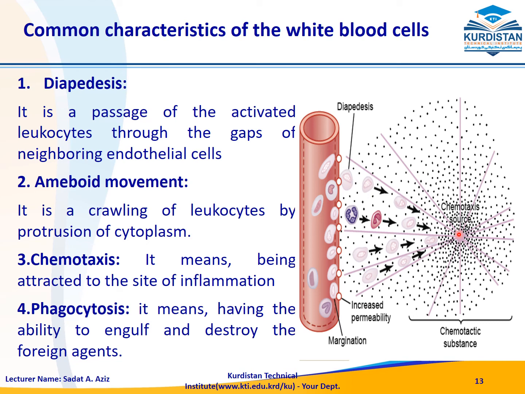The last property of the leukocytes is called phagocytosis. So some of the white blood cells can engulf and destroy foreign agents. Sometimes a dead cell or cell debris or a bacterium or a virus at the site of an injury or an infection can be engulfed by a macrophage or neutrophil, or let us say by some of the leukocytes, and these debris, bacteria, viruses or dead cells can be destroyed.